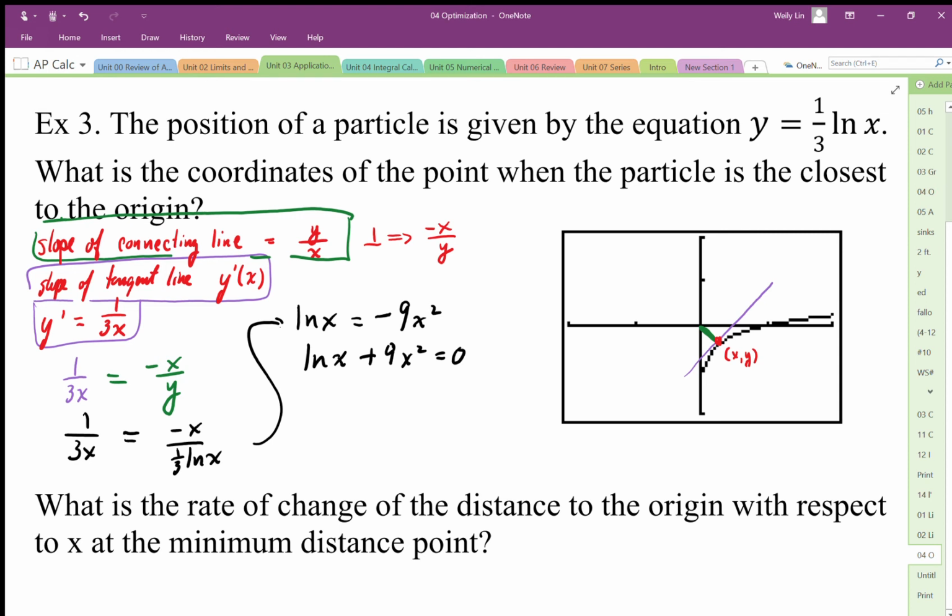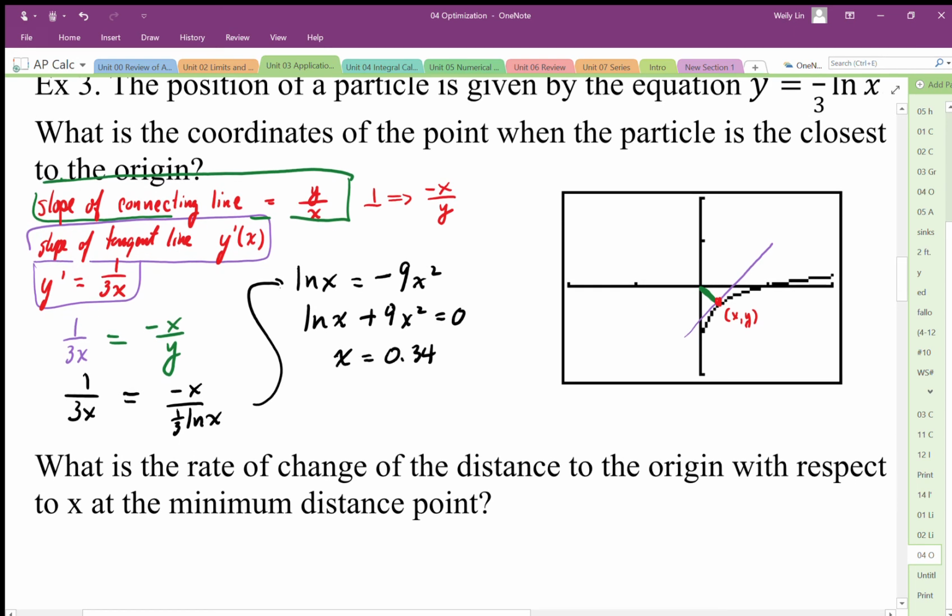Okay, so the solution ends up being at x equals 0.34, and we had to figure that out by actually graphing. So in this case, we solved this.